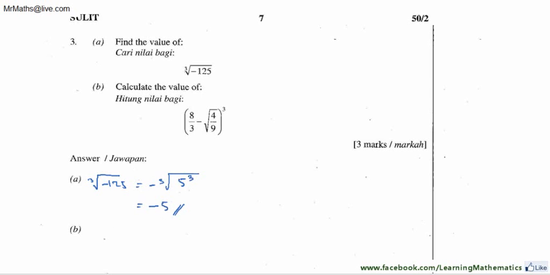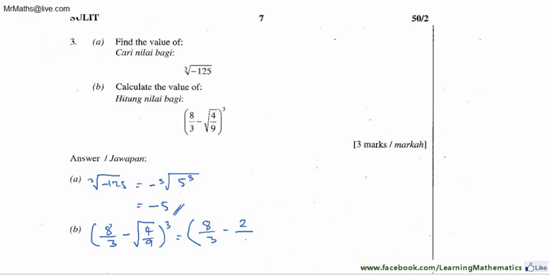Alright, and then B: 8 over 3 minus the square root of 4 over 9, and then everything raised to the power of 3. Let's resolve the one in the bracket first. 8 over 3. And what about the square root of 4 over 9? What is the square root of 4? It's 2.